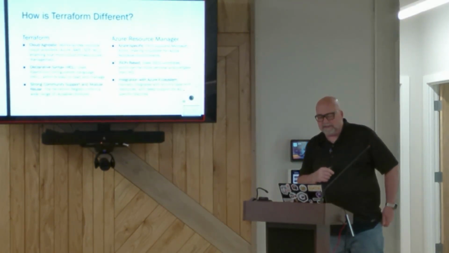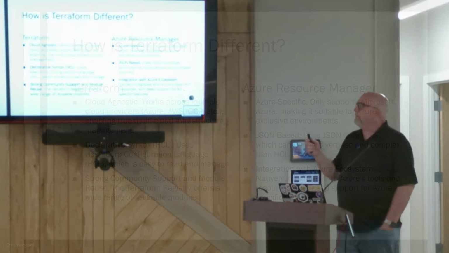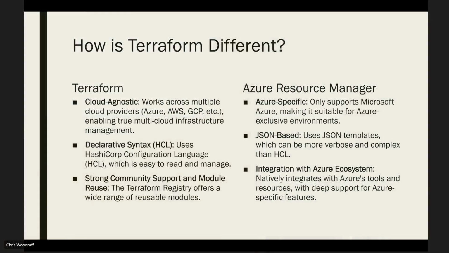So how is this different? I'll quickly go through this. Terraform versus Azure Resource Manager. Azure Resource Manager is Azure only. It uses JSON templates, which are a little more verbose and complex, and the only thing it will integrate with is Azure tools and resources.